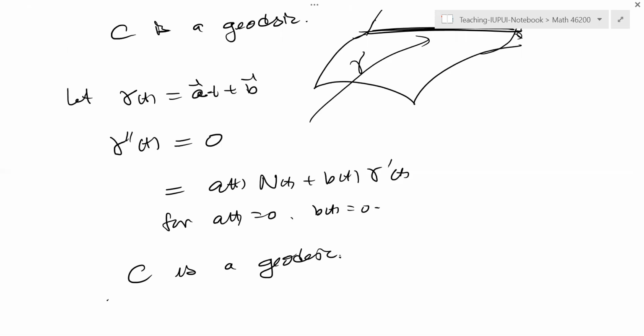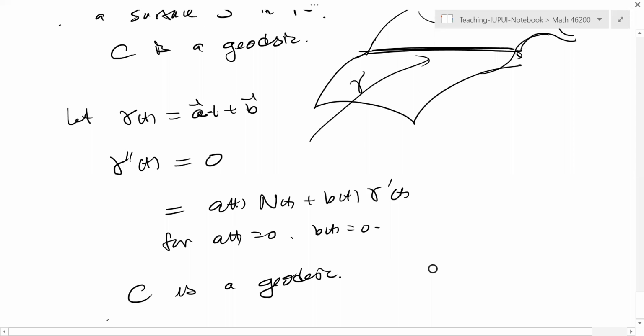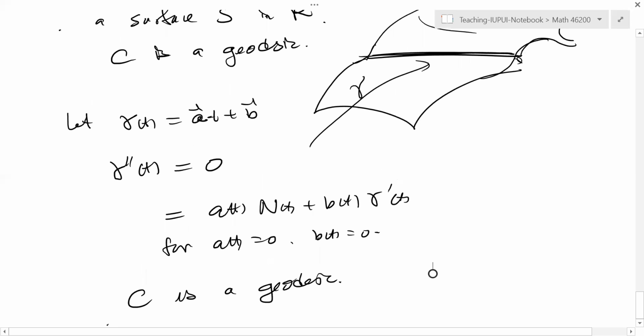That means there is a parameterization such that the geodesic curvature is 0. The geodesic curvature is independent of parameterization, honestly, but you can describe it using a parameterization. Either the normal curvature or the geodesic curvature is independent of parameterization. As long as for some parameterization it can be expressed in this form, the curve is a geodesic.